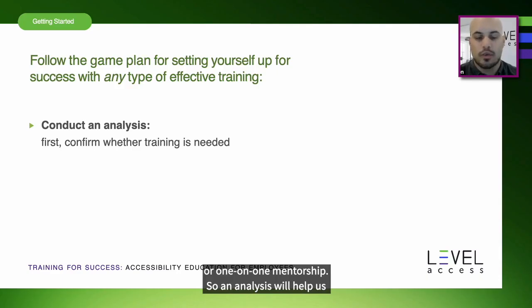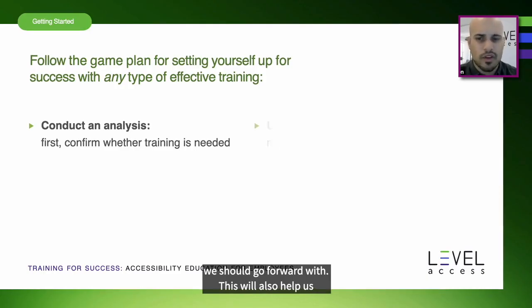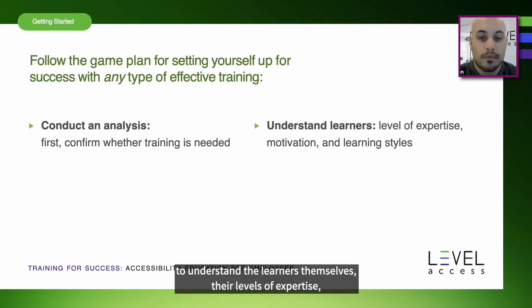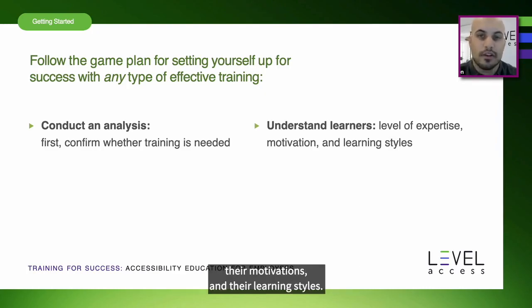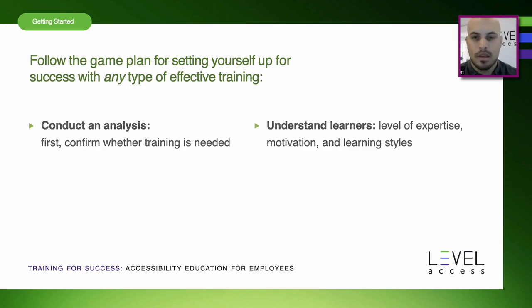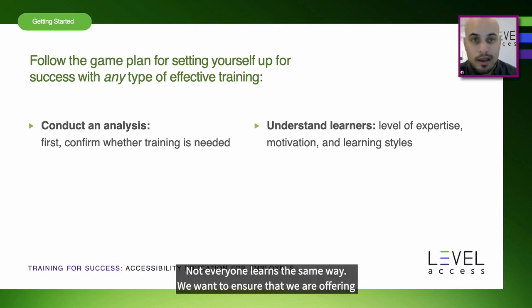So an analysis will help us understand where training is needed and what type of training we should go forward with. This will also help us to understand the learners themselves, their levels of expertise, their motivations, and their learning styles. Not everyone learns the same way.